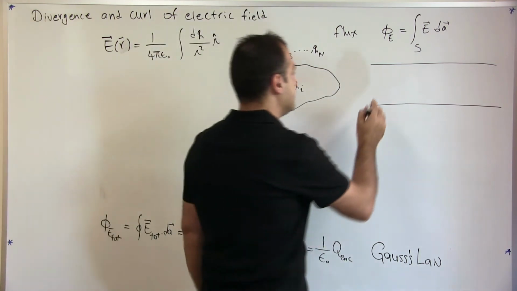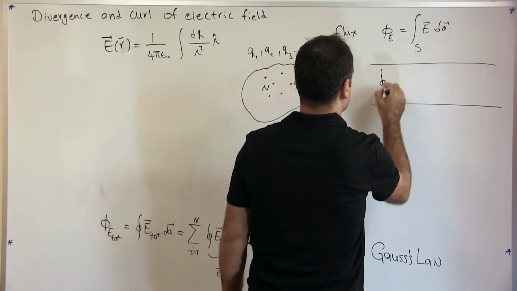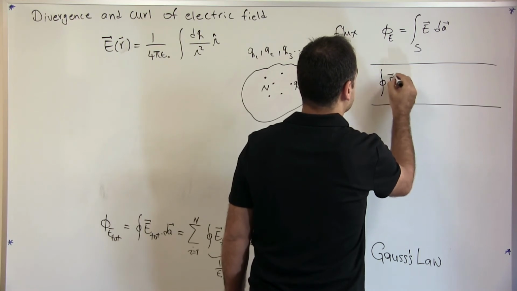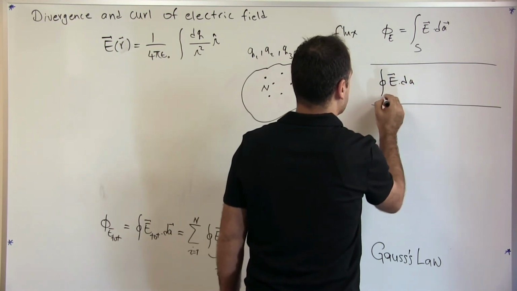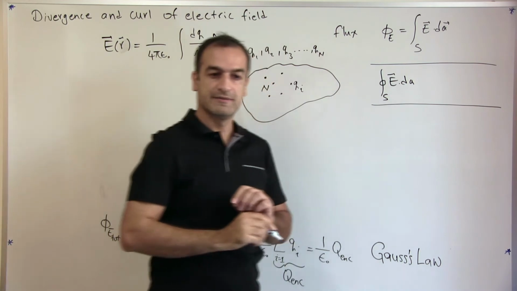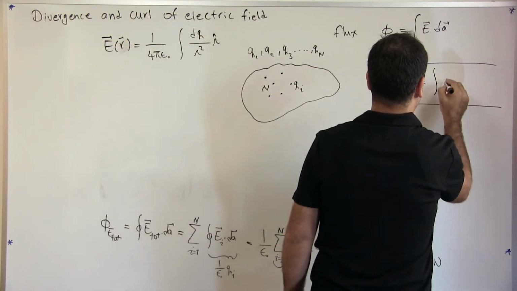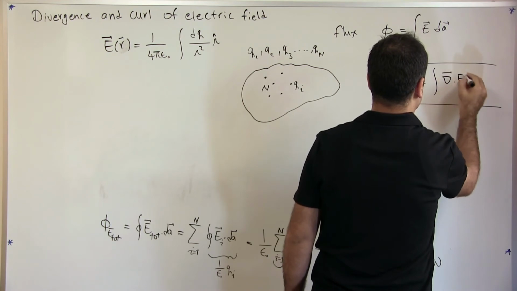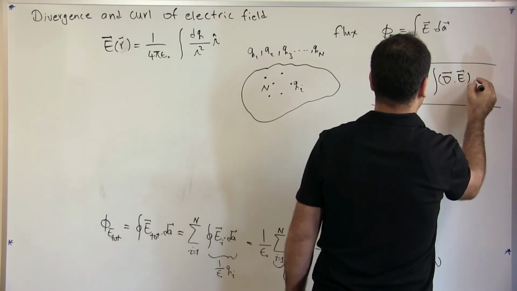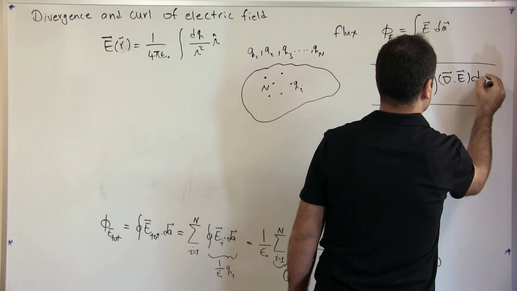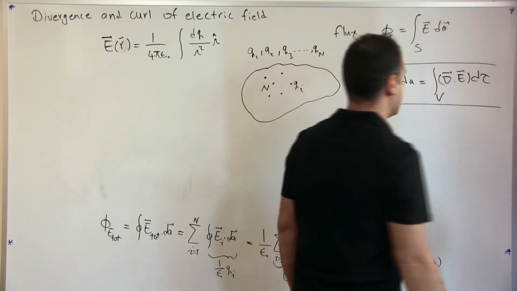Any integral of the vector field E dot dA, on a closed surface, should be equal to the integral of the divergence of the electric field times d tau over the same volume.